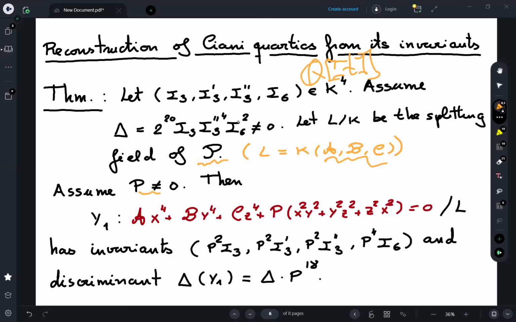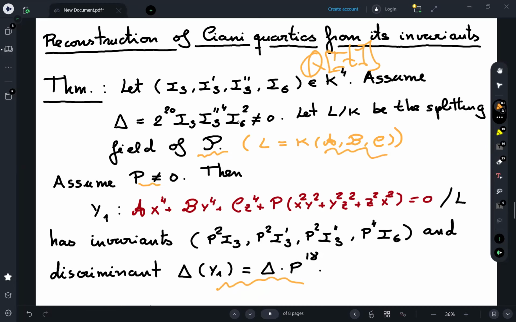So the idea is that in this way, you constructed a curve whose isomorphism class was the one that you wanted. But in order to get an integer model of your curve, because you don't want to divide everything by P and add denominators, you had to pay the price of increasing the discriminant of the curve. And not only that, this curve that I gave you, this Ciani quartic in a standard model, is defined over L, which is a priori a field extension.